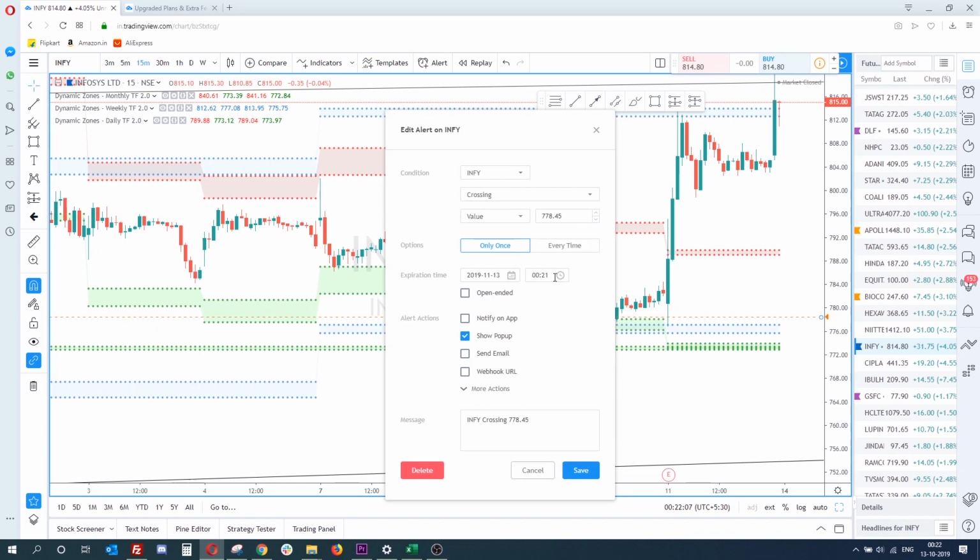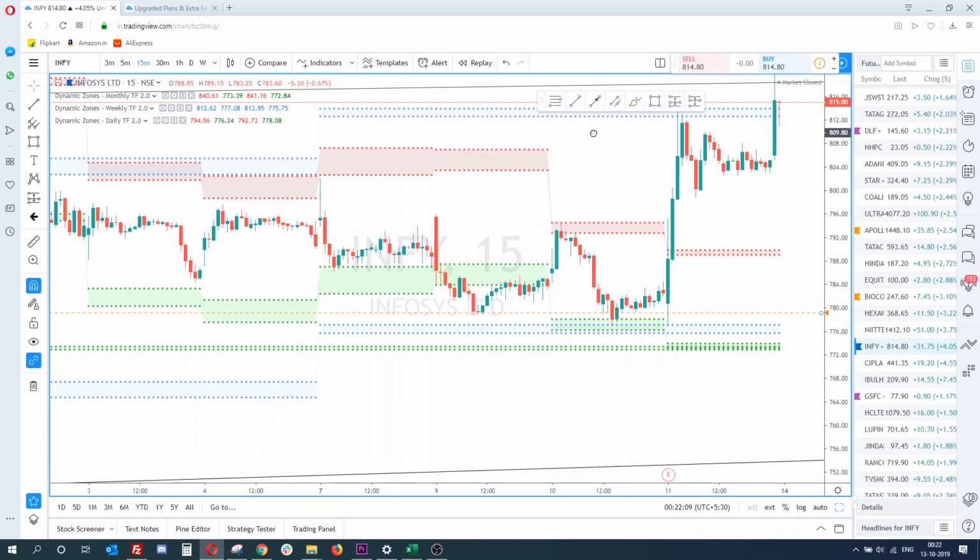Once the stock comes near it, you will be alerted, and then you can take a decision whether you should take a trade or not. If things are really good, you can take a trade. This is the simplest and most effective intraday strategy method that I have been following for the past 1.5 years, and I have made really good money.